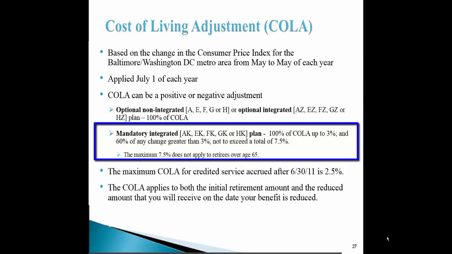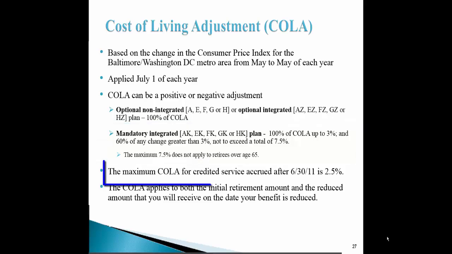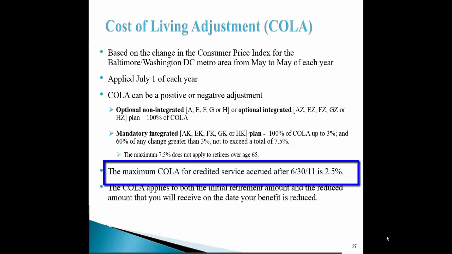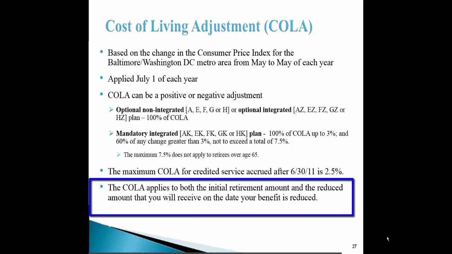The increase cannot exceed 7.5%. For service after June 30th, 2011, there is a 2.5% COLA maximum. COLA applies to both the initial retirement amount and the reduced amount that you will receive on the date your benefit is reduced.